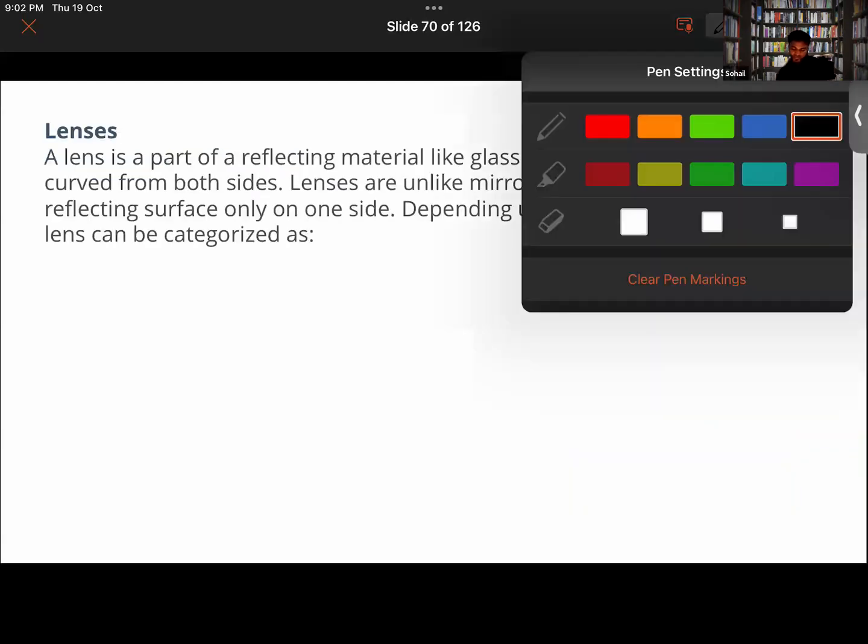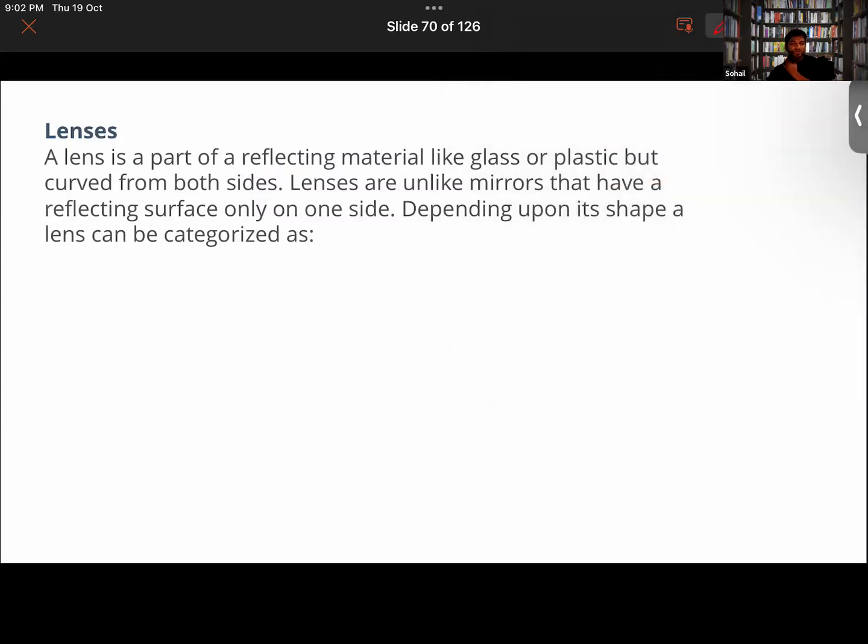The next part of the chapter deals with lenses, right? So what is a lens? A lens is simply a material like glass or plastic that is curved on both sides.